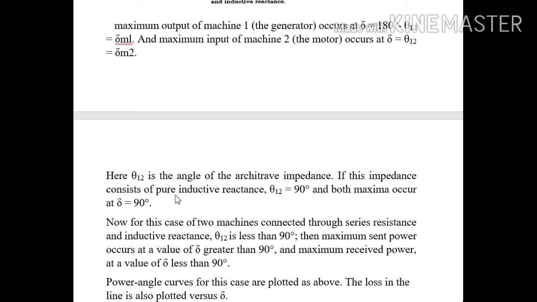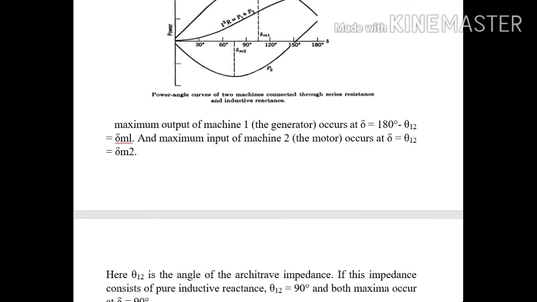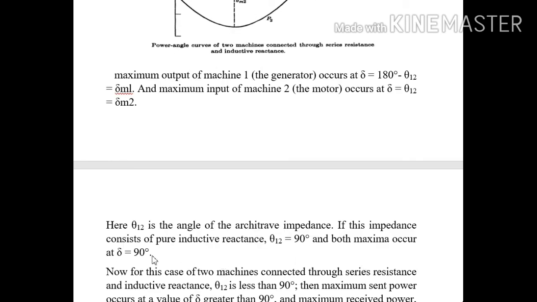If this impedance consists of pure inductive reactance, obviously theta 12 will be what? Can anybody tell me? True, it is 90 degrees because of pure inductive reactance, and both maxima occur at delta equal to 90 degrees. Both maxima, that means the maximum for P1, that is the generator side, and the maximum for P2, that is the motor side, are occurring at delta equal to 90 degrees.